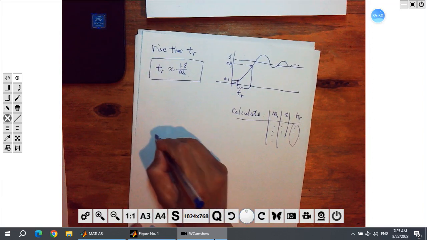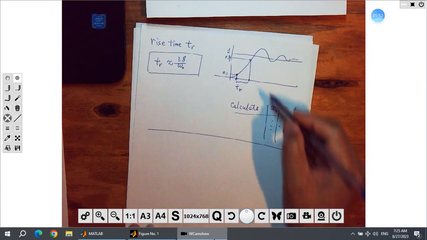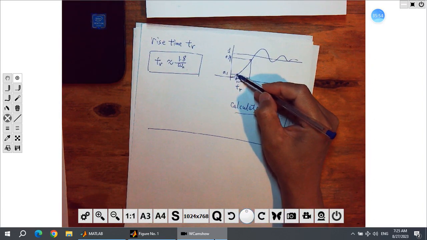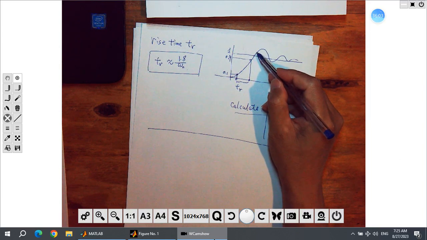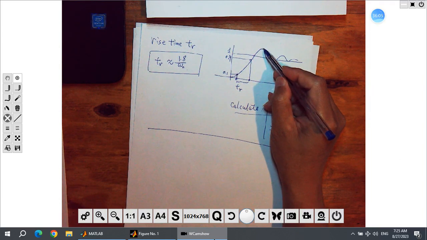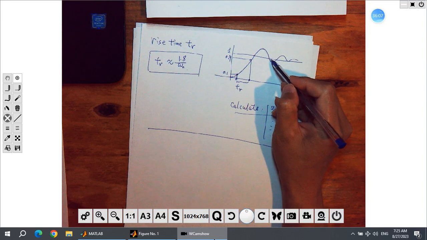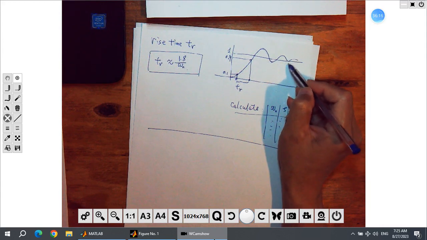All right. The next one: you see, the system starts up and reaches 1. Actually, 1 should be the steady state, but the system will keep going up, reach its peak value, and then fall back down to 1, and go below 1, in an up and down oscillation for a while, right?